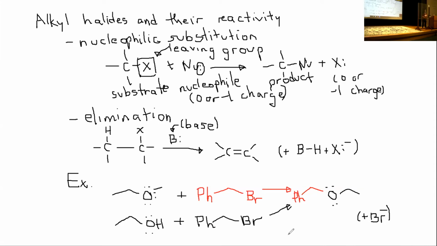And the answer is yes, that would work to some extent, except instead of Br minus, you would get HBr in the end. But what we find is that anionic nucleophiles, which means nucleophiles with a minus charge, other things being equal, react more quickly. They work better than neutral nucleophiles.